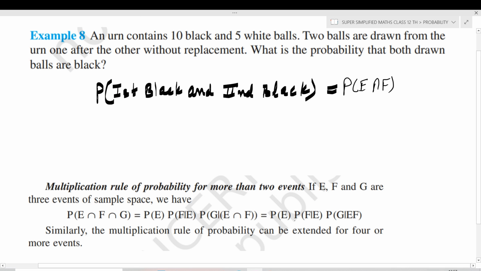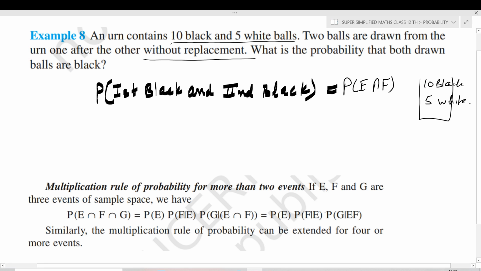Now let us take one example based on this theorem. An urn contains 10 black and 5 white balls. So let us suppose this is the urn and it has 10 black balls and also 5 white balls. Now two balls are drawn from the urn one after the other without replacement.